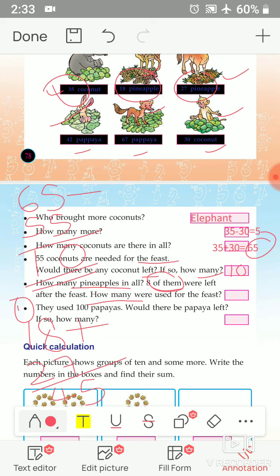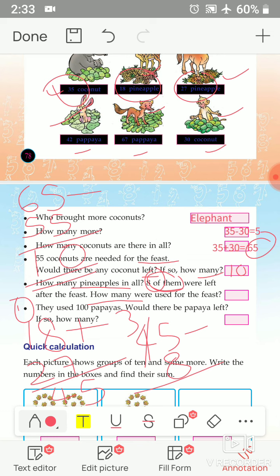Then how many pineapples are left after that feast? 8 pineapples are left. Then what will we do to find how many pineapples were used? We have to find 45 minus 8. 5 minus 8 is not possible, so borrow 1 from 4.